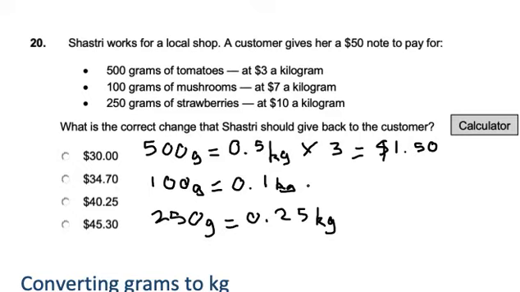Mushrooms are $7 a kilogram, so instead of timesing by 3, I'm going to say times 7. And that should get me $0.70. Alright, repeat the same step down here. Make sure you're looking at the correct rate. So $10 a kilo for strawberries, we're going to times by 10. And that's going to give us $2.50.